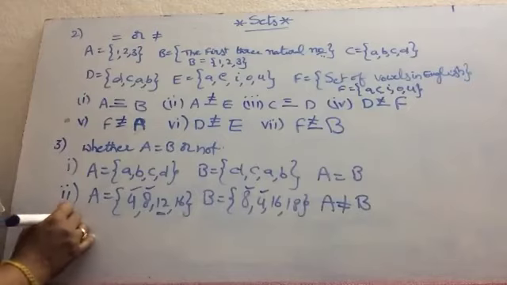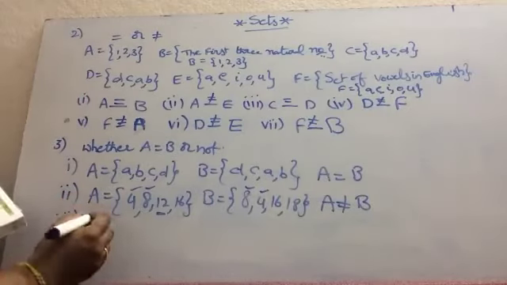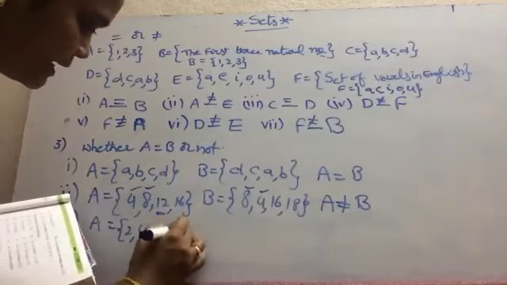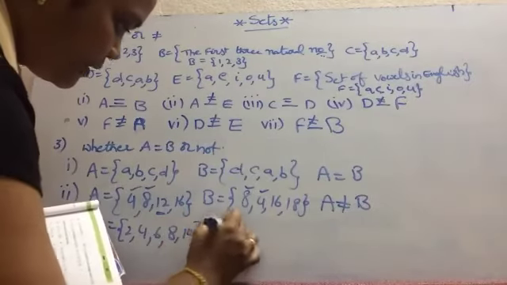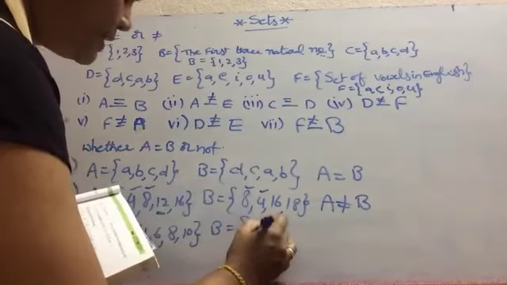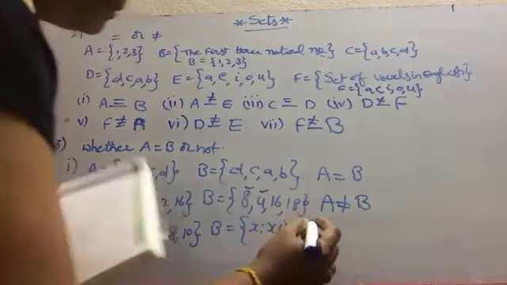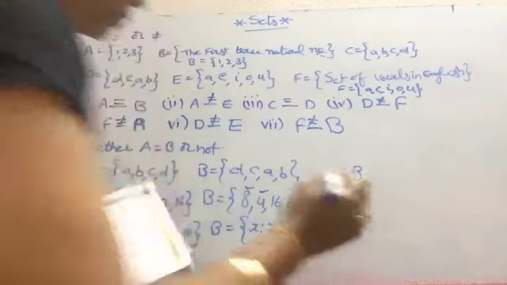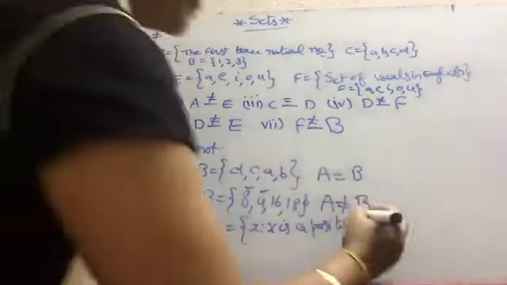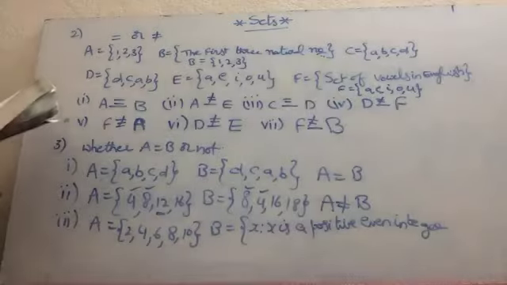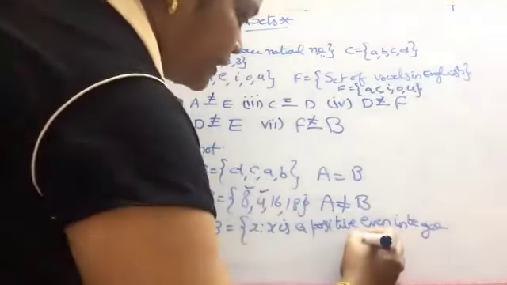And the next one, A equal to {2, 4, 6, 8, 10}. B equal to {x such that x is a positive even integer and x is less than or equal to 10}.